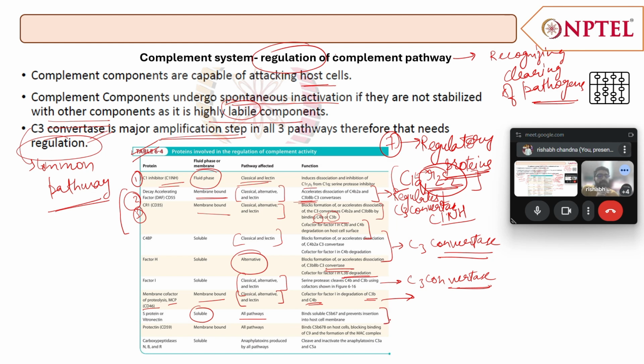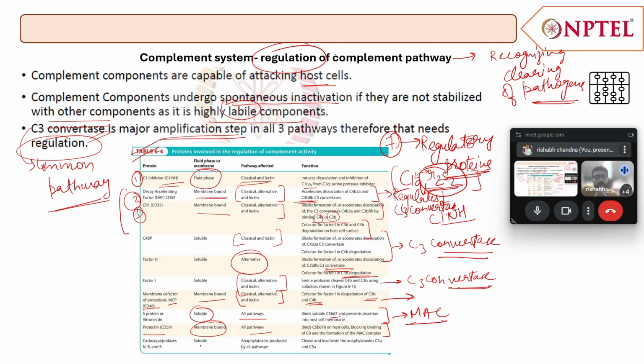So now here we have the regulation of the membrane attack complex. The S protein will inhibit the association of C5b, 6 and 7, and it will prevent its insertion into the host cell membrane. Then we have protectin, that is CD59, that is also membrane bound, and it affects all the pathways, and it binds to the C5b678 complex on the host cell, blocking binding of C9 and formation of the membrane attack complex.